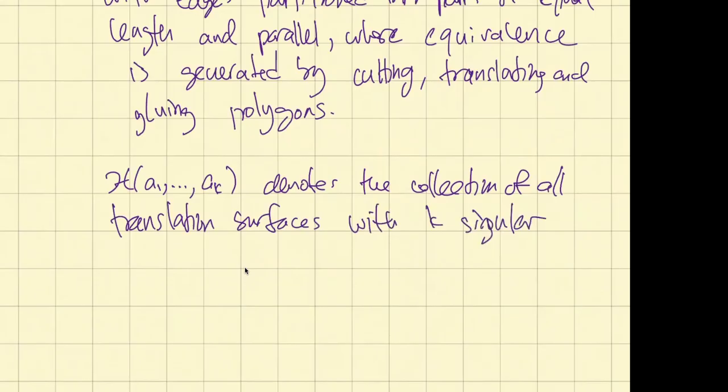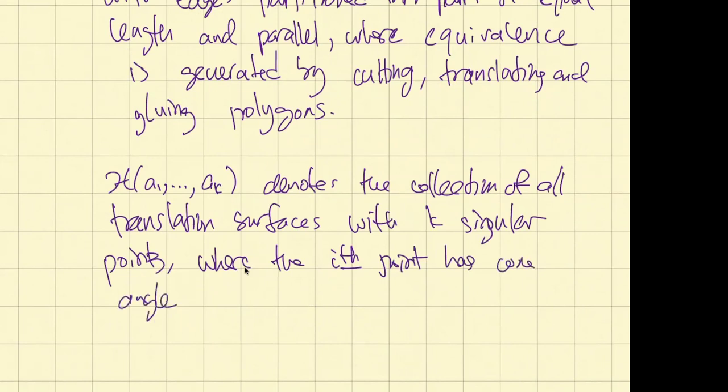These special points that I mentioned earlier are called singular points, where the ith point has cone angle. These are called cone angles. Cone angle 2 pi ai.